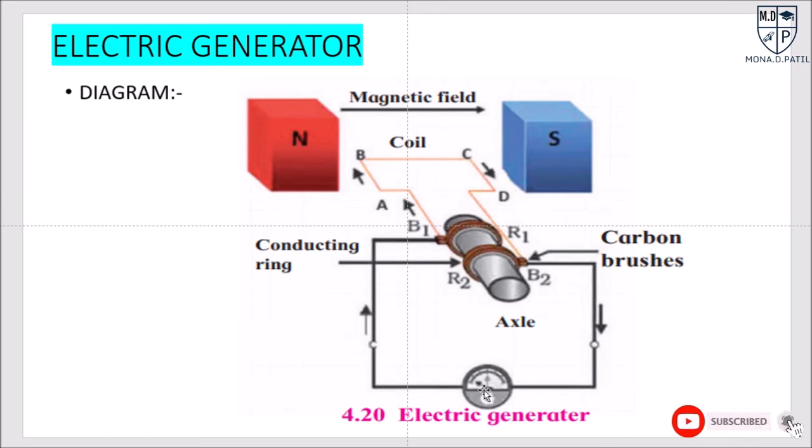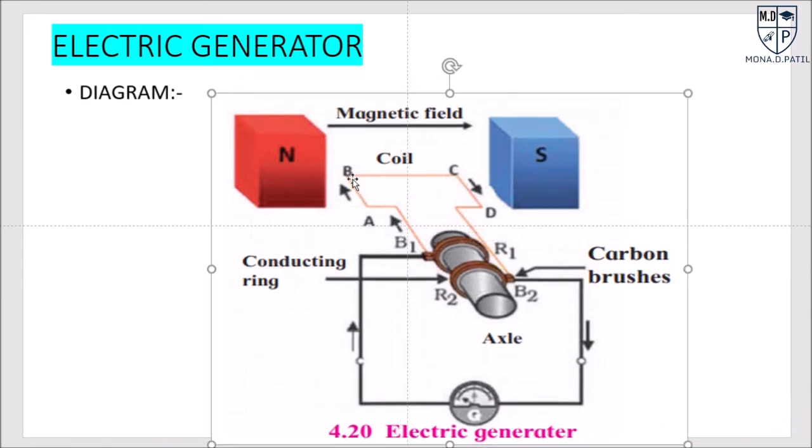If instead of a one-loop coil, a coil consisting of several turns is used, the current flows several times. After half rotation, branch AB takes the place of branch CD, and branch CD takes the position of branch AB. Therefore, the induced current goes as DCBA.